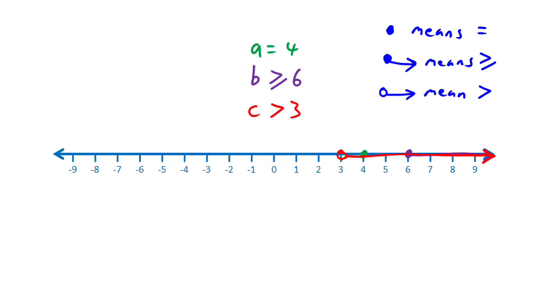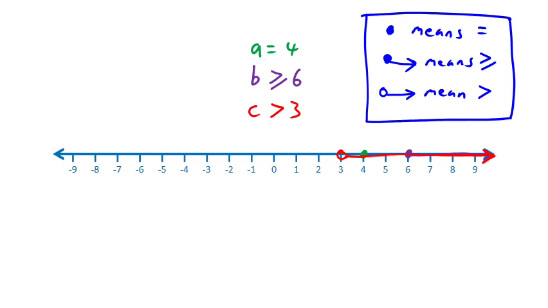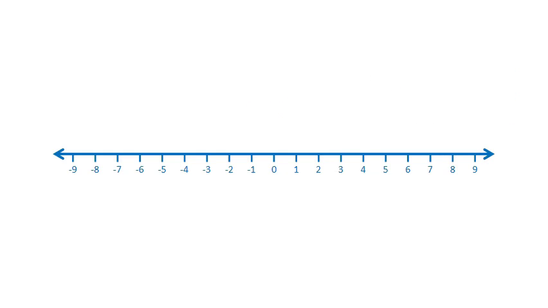If you're following along with this, this is the kind of thing that you should be putting into your summary notes. So we have the solid dot means equals, the solid dot plus the greater than thing means greater than or equals, and if we don't want the equals, we just do an empty circle, and that just means the greater than part.